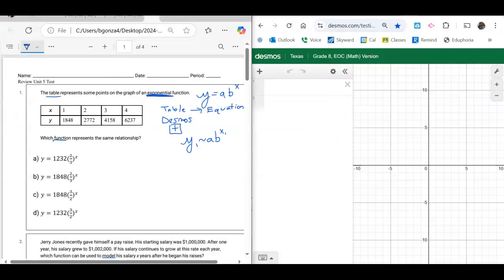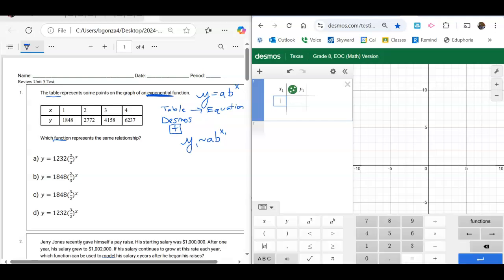So let's go ahead and put this into Desmos. Table. Okay, 1, 2, 3, 4. All right, so I typed it all in.